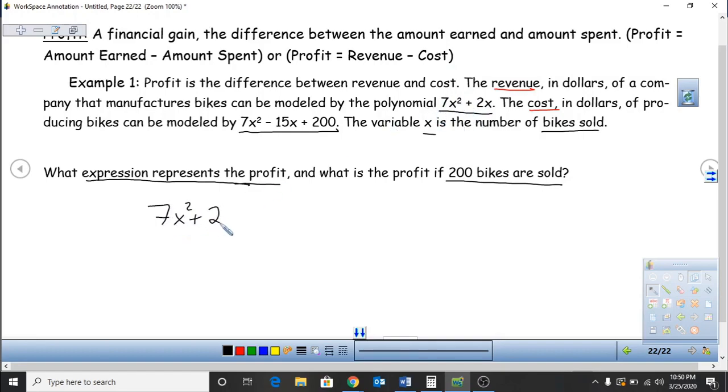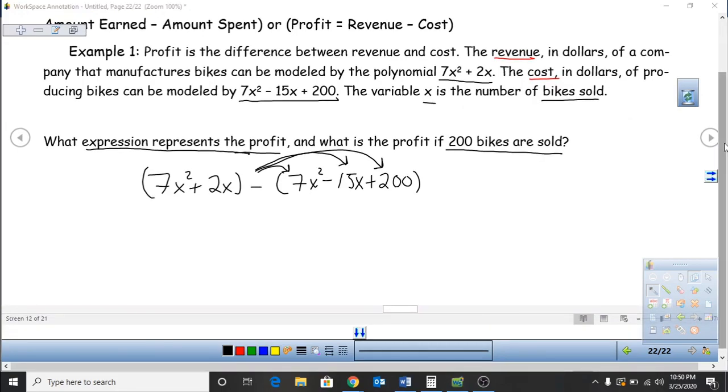So the revenue is just 7x squared plus 2x, right? And this is together, so I'm just going to put this in parentheses. And I'm going to subtract the cost, and the cost is this, 7x squared minus 15x plus 200. Now, since this is a subtraction problem, keep in mind that this negative is going to distribute to all of these terms, and it's going to cause the terms to change signs, right?